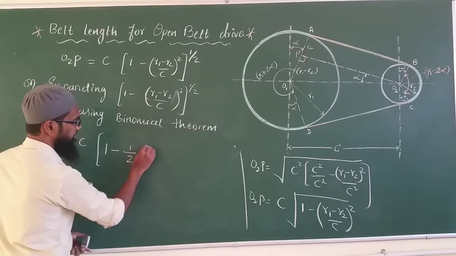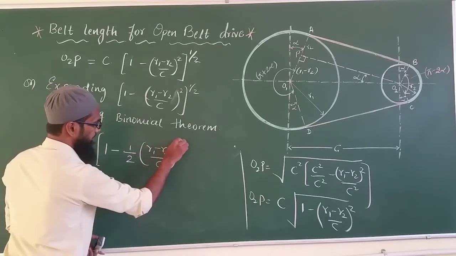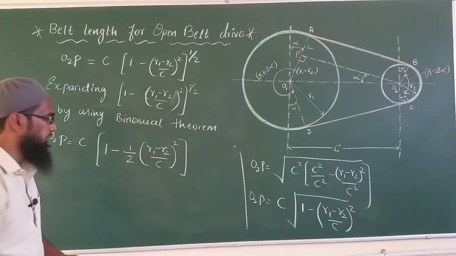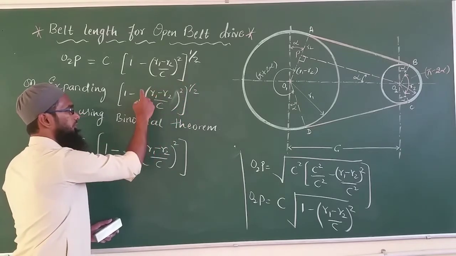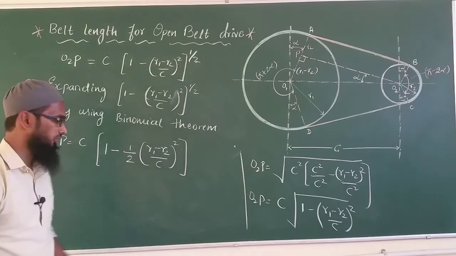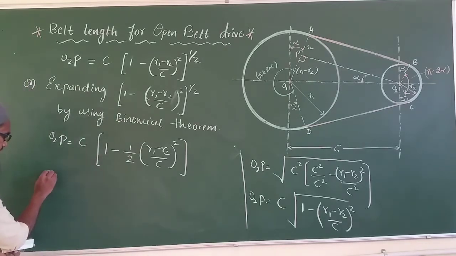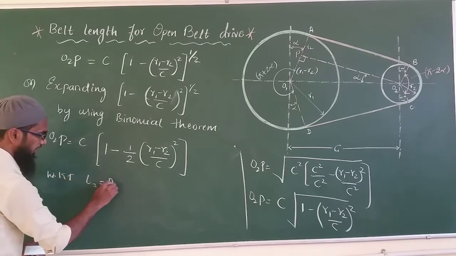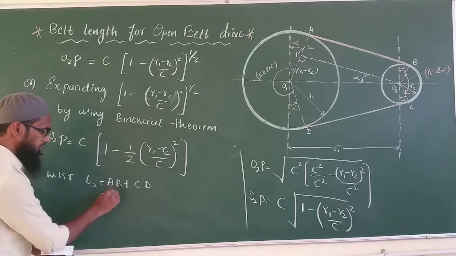That's the simple thing to remember. Now this is our O2 P. Now we know that L3 is nothing but AB plus CD, and AB is nothing but O2 P.